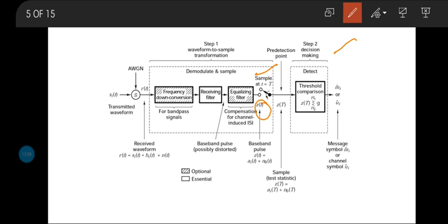We assume that the input noise is a Gaussian random process and the receiving filter in the demodulator is linear. A linear operation performed on a Gaussian random process will produce a second Gaussian random process.